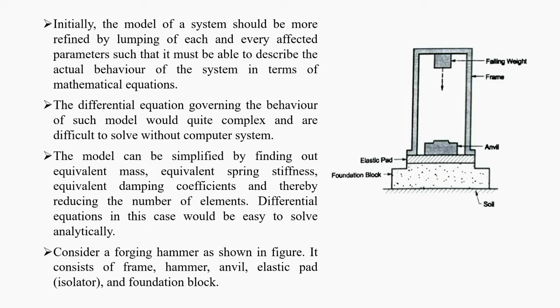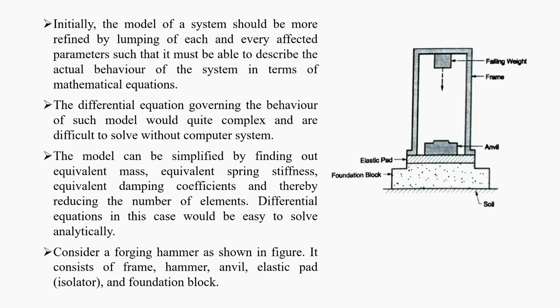So here we need to identify each and every important parameter which affects the behavior of the system. Here we can see that there are three masses, but the mass of frame and anvil can be combined.